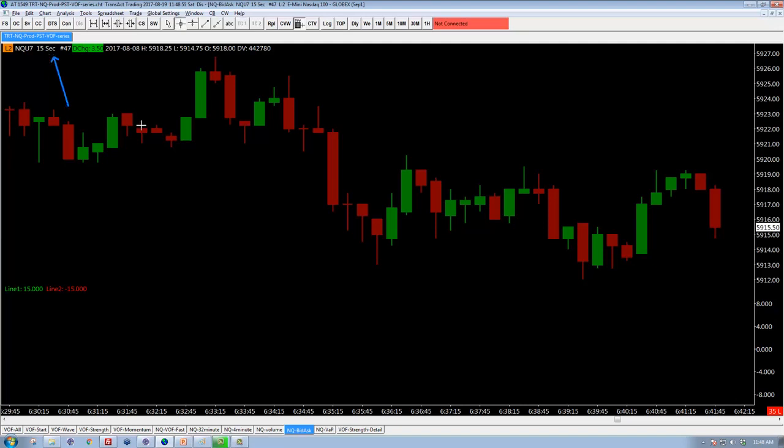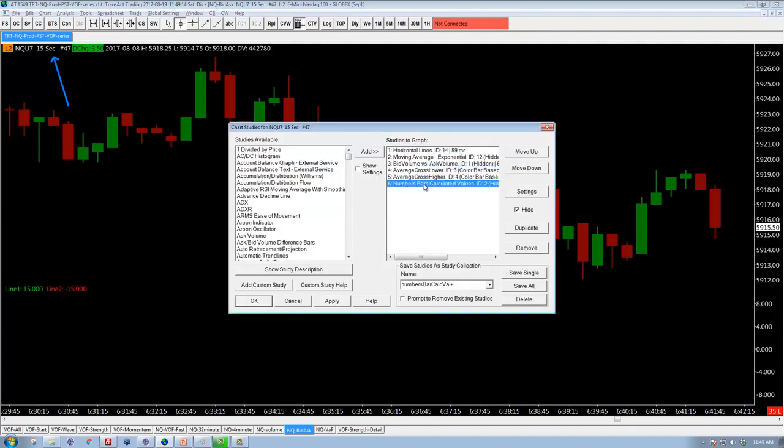We're doing this because we want to be very responsive to changes in the momentum in the market. The graph here is just showing the price as the market trades, and we're getting a new bar every 15 seconds. What we want to do is take this numbers bar calculated values study and display it.